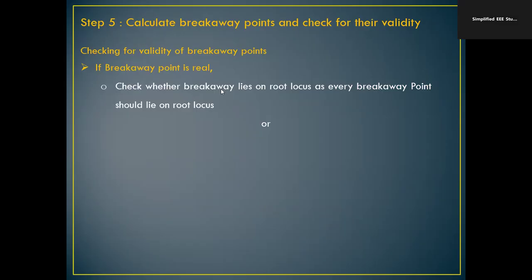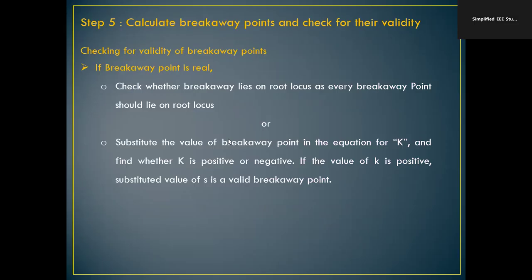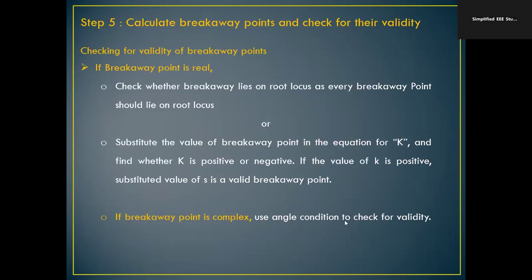Check whether the breakaway points lie on the root locus, as every breakaway point should lie on the root locus. Substitute the value of the breakaway point in the equation for k and find whether k is positive or negative. If the value of k is positive, it is a valid breakaway point. Ensure that the k value is positive. If the breakaway point is complex, use the angle condition to check the validity. Right now, we don't have any other issue.